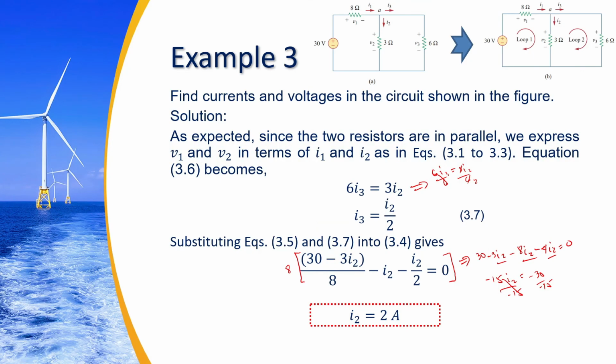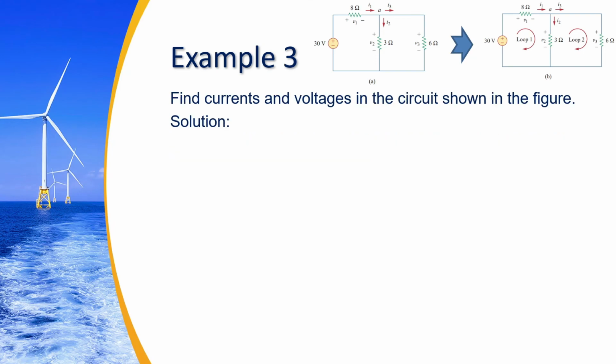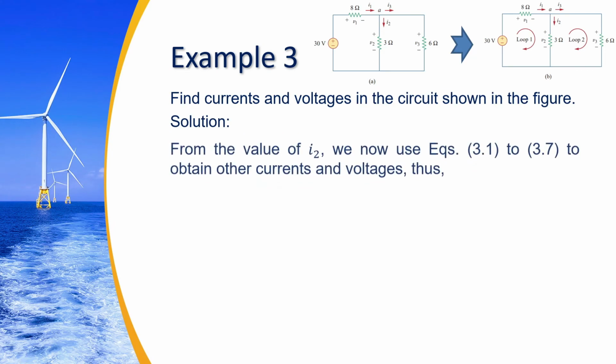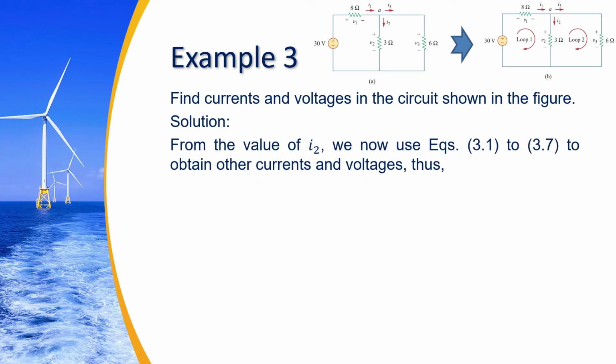Okay? So, meron tayong I2. So, from the value of I2, we now use equations 3.1 to 3.7, lahat ng equation na nakuha natin, to obtain other currents and voltages. Okay?